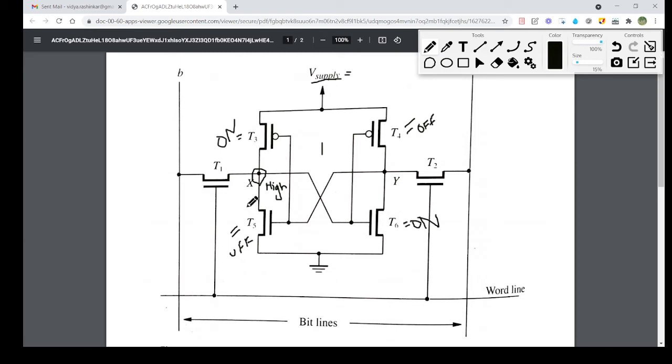In order to read the value, the transistors T1 and T2 should be on. Then only the value will be passed to the word line.